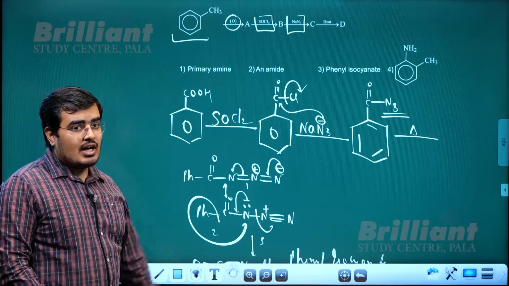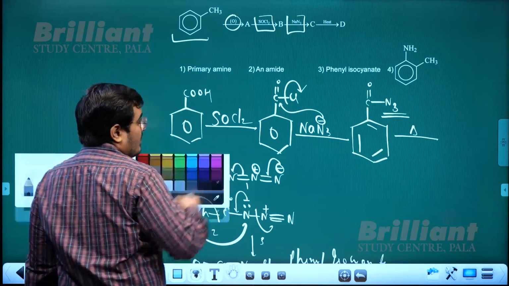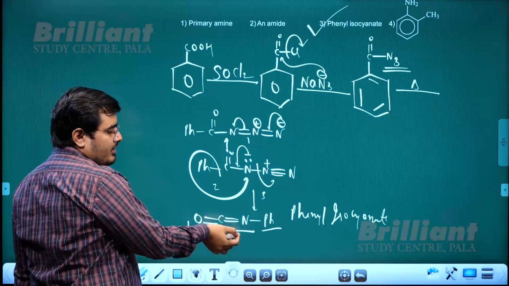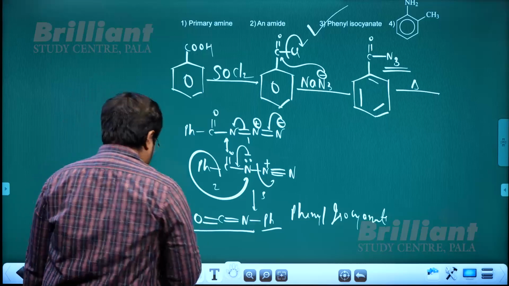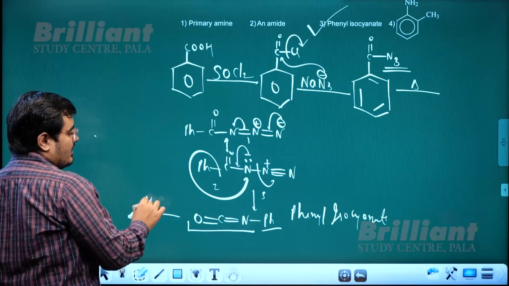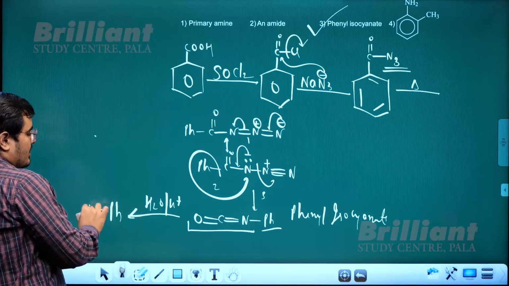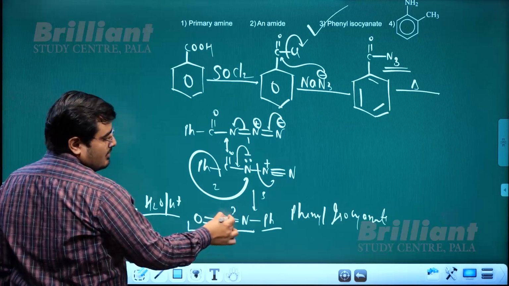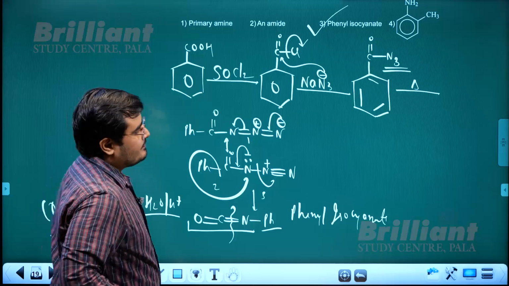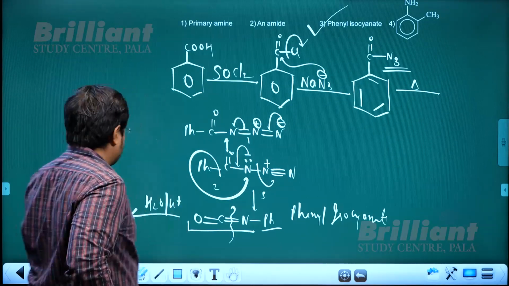But since we are not doing hydrolysis, we are stopping just after heating, so it will be phenyl isocyanate. If another step, hydrolysis, was given, then you could have formed your PhNH2, as hydrolysis will break this bond and you will get carbon dioxide. So for this question, the answer will be phenyl isocyanate.